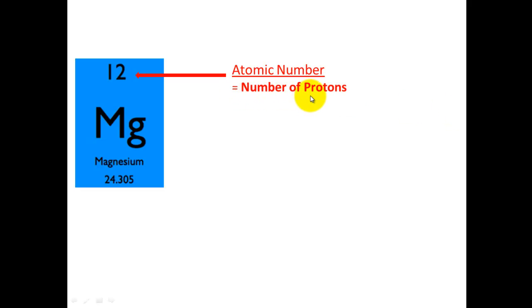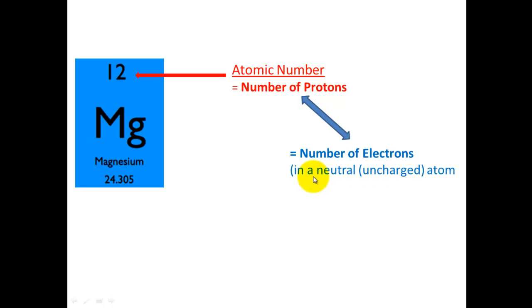So the number of protons must be equal to the number of electrons in a neutral or uncharged atom. So the positive charge must always equal the negative charge in an uncharged atom. So the protons equal 12. We know that by looking at the atomic number.